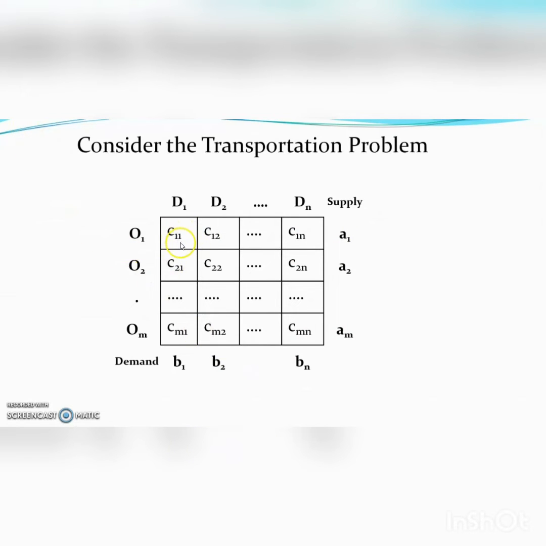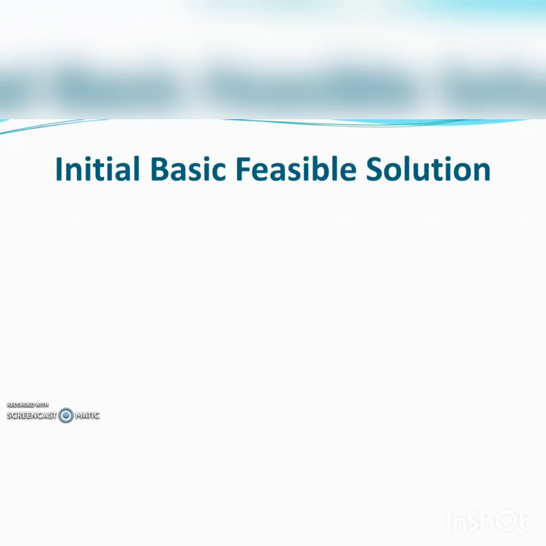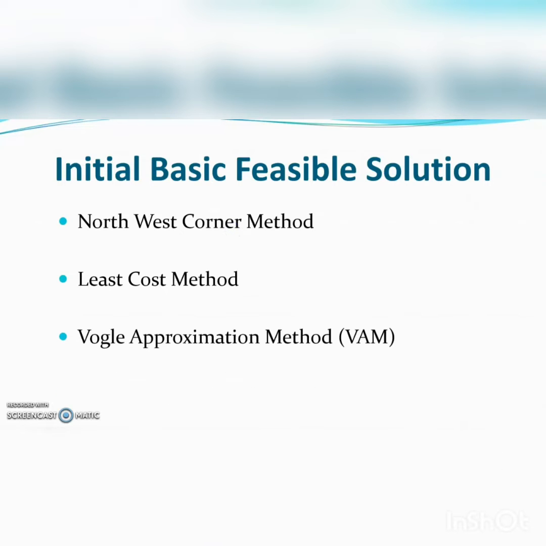This kind of allocation can be done randomly or by following some specific rules. These rules are called methods. Today, we will learn 3 methods for finding an initial basic feasible solution: northwest corner method, least cost method, and Vogel approximation method.